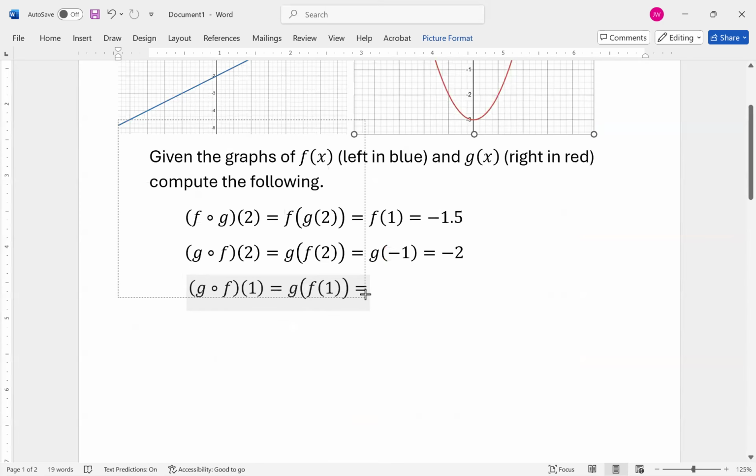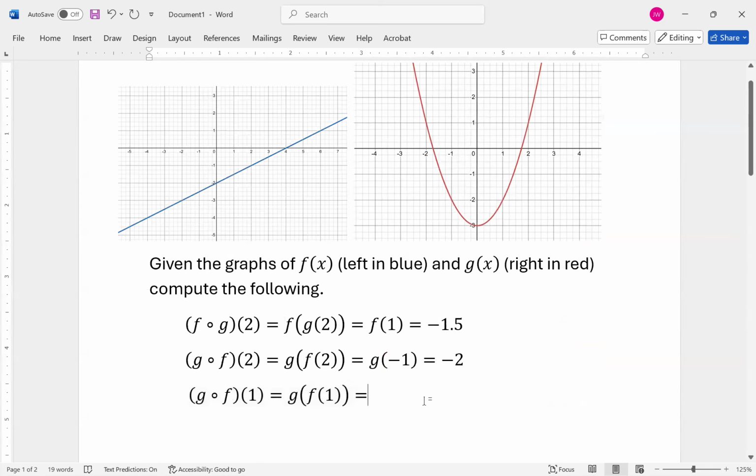So there we go. Let me write that down. When we plug in 1 into f, we get a negative 1.5. When we plug in negative 1.5 into g, it looks like I get a negative 0.75. If I gave you questions like this, they should be able to be seen as long as you zoom in on the picture enough.